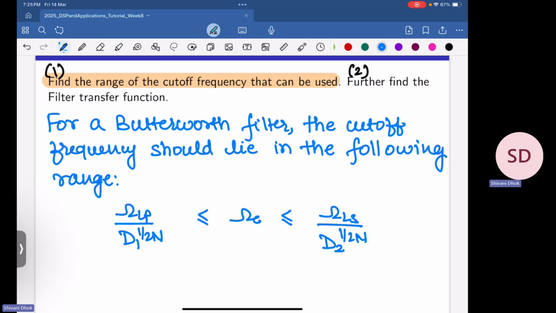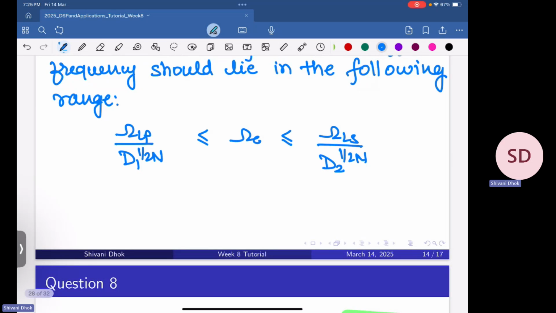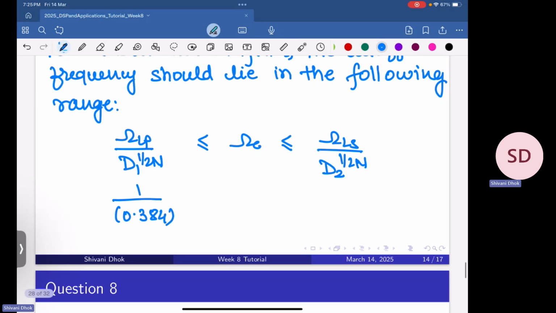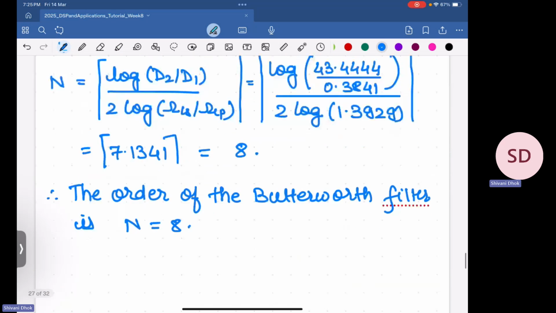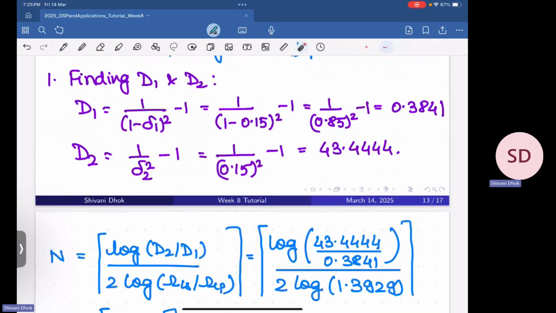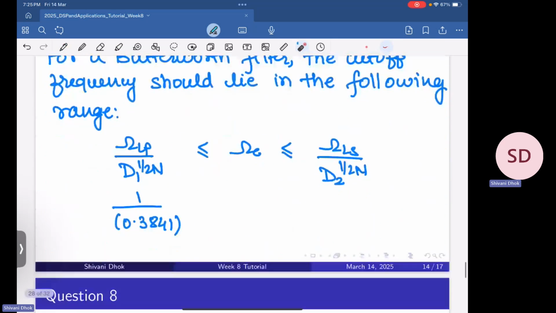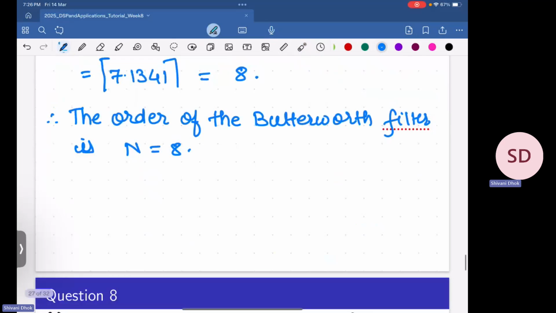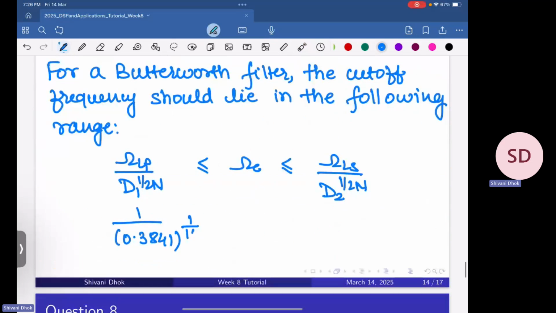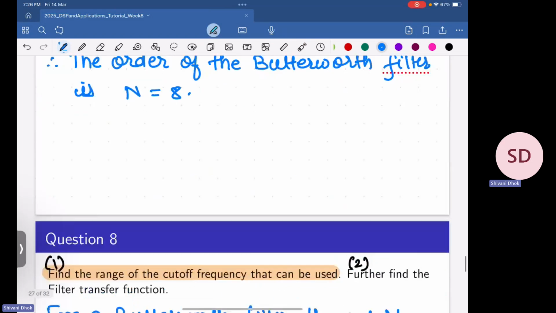So let us substitute these values now. What do we get? Omega lp is 1, divided by d1 to the power 1 by 2n. The d1 value which we had found out is 0.3841. My n is equal to 8, so 2n is 16. This is less than or equal to omega c, which is less than or equal to omega ls.